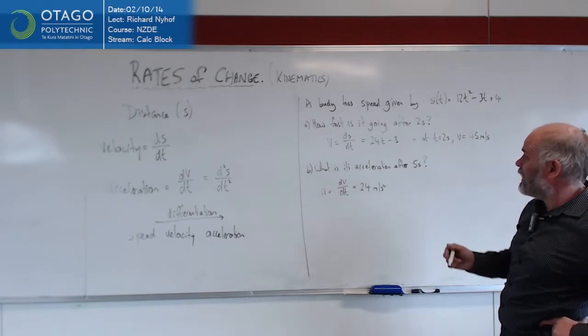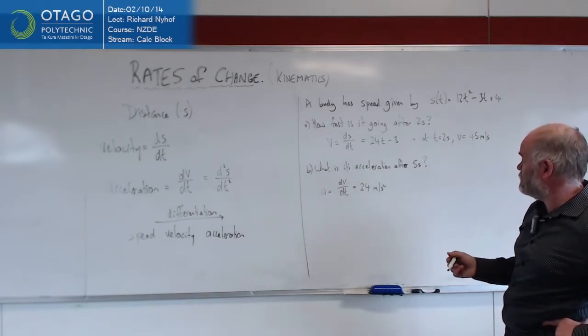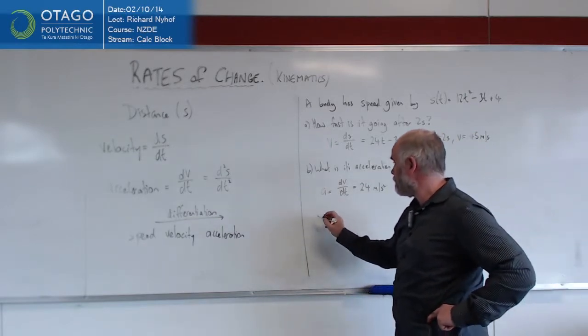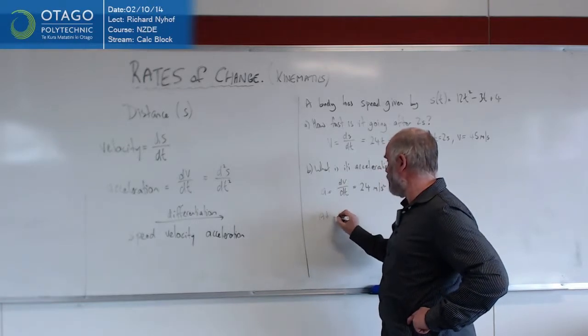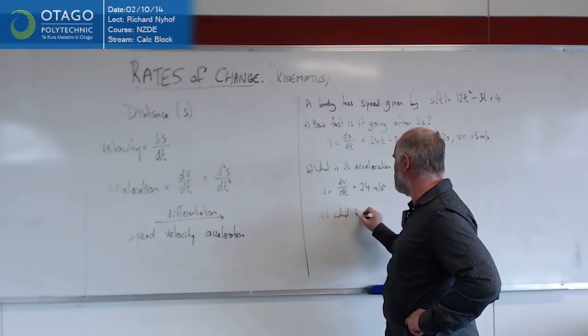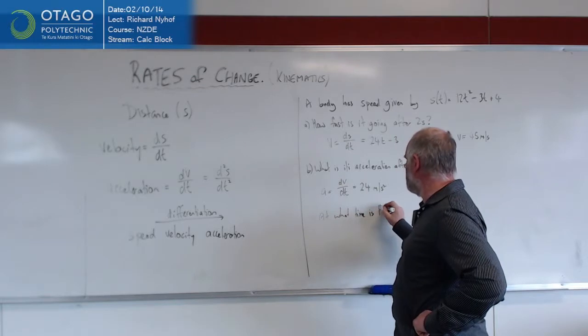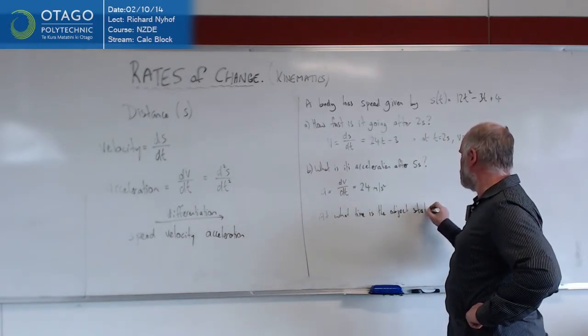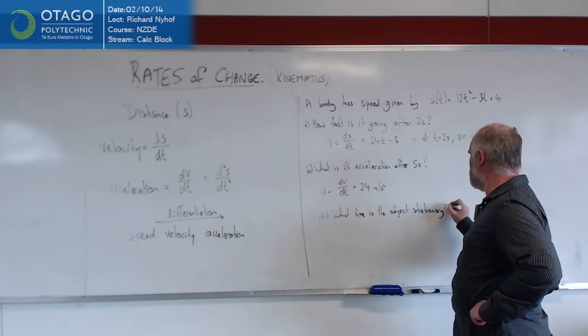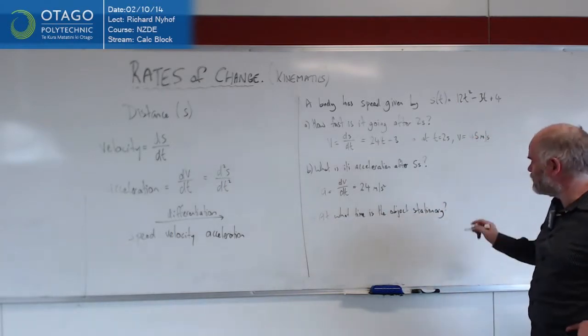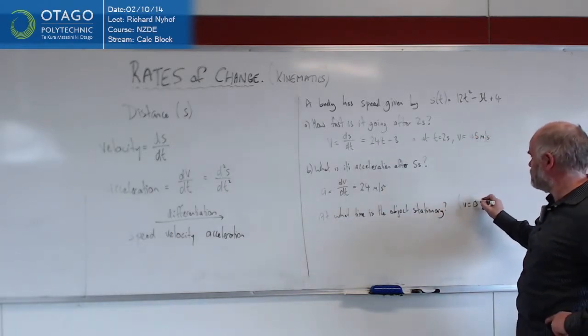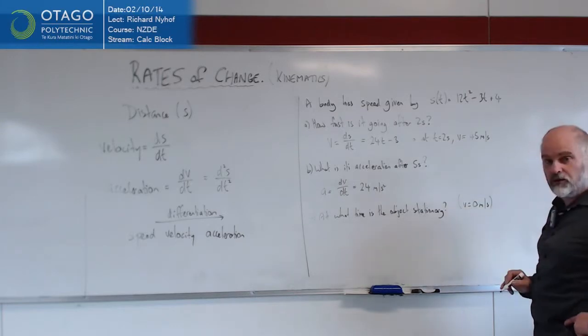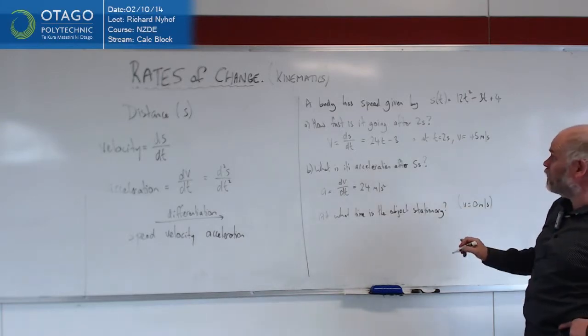But then you could answer all sorts of questions. You could answer questions like, at what time is the object stationary? Remembering stationary means no velocity. So we've got a velocity formula somewhere. Here it goes.